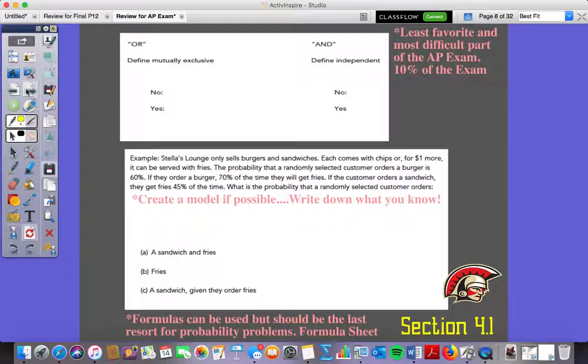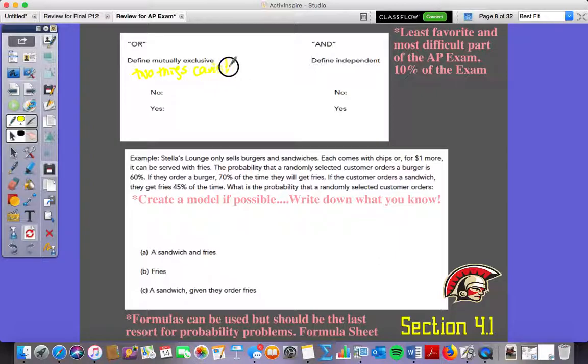All right, this right here is the number 1 most difficult part on the entire test. It's the least favorite out of all AP statistics. I don't need you to memorize this. I just need you to be familiar. So let's talk about what mutually exclusive is. Mutually exclusive means, and I'm going to really dumb this down, that 2 things can't happen at the same time.